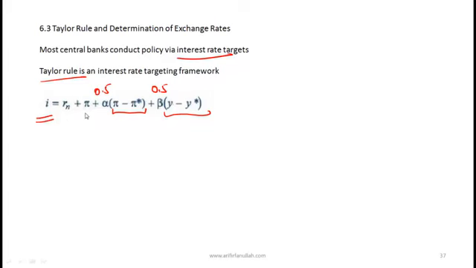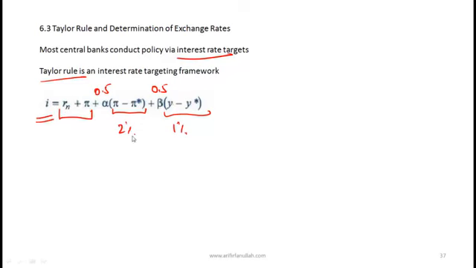Now let's say that the economy gets overheated, there is relatively high inflation, and the output is greater than potential GDP. So let's say inflation is 2% higher than the target inflation level, and the output gap is also positive, so output is more than potential. Notice that in this case, given the positive coefficients of 0.5, the interest rate that will be set will be higher than simply Rn plus inflation.